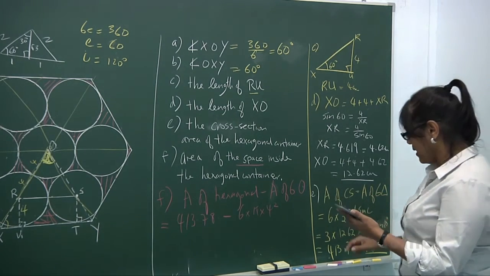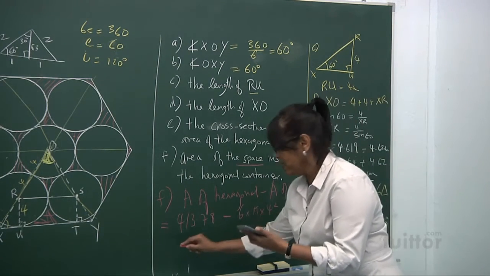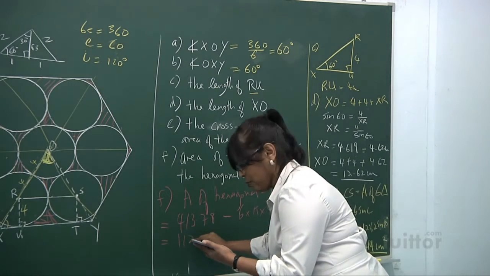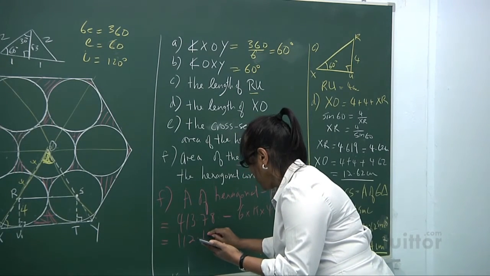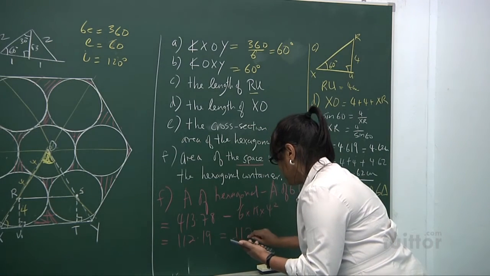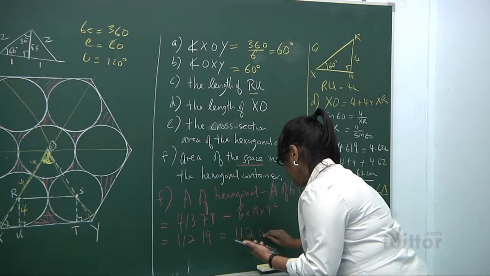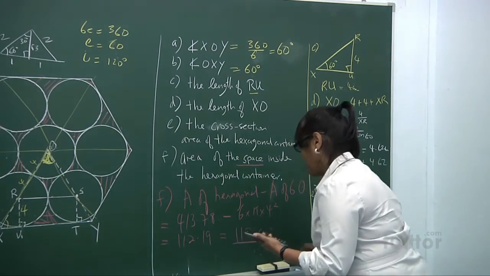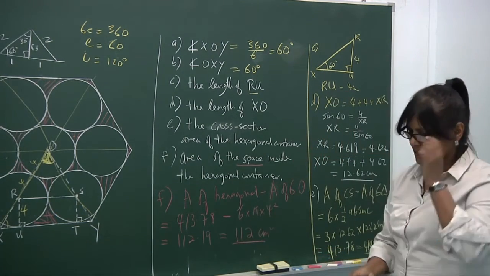And you get the space area to be 112.18719, which is 112 cm squared. That's the area of the space.